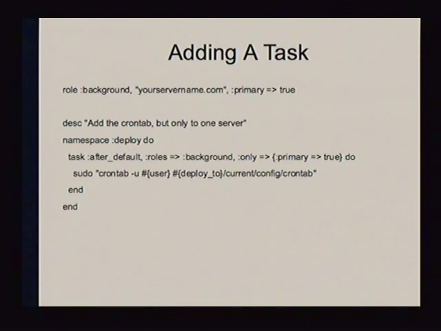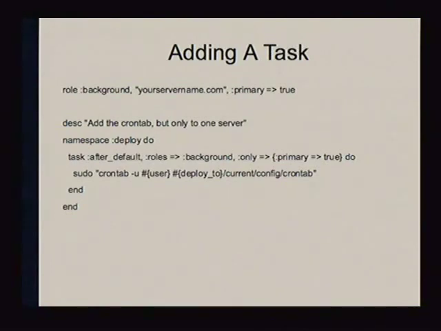The task description itself, what we're saying here is after default, which means that the deploy namespace has a default task called deploy. And that's what runs if you don't say deploy:cold or deploy:cleanup or anything else. It's just the default. So what we're saying is after the default runs, and after has special meaning, before also has special meaning in Capistrano.